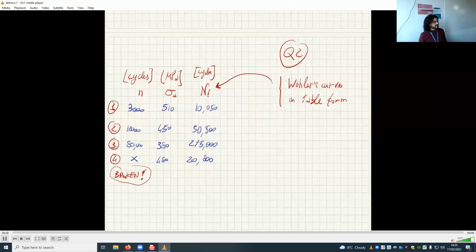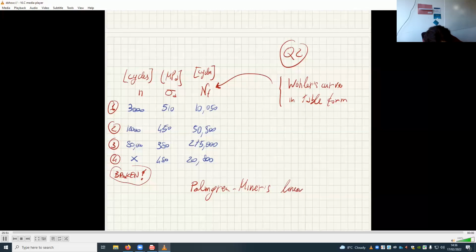We can find X. How do we find X? Well, remember Palmgren-Miner's rule, the linear accumulation of damage.